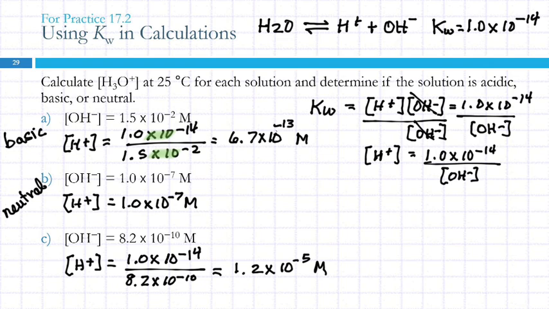Cool, I got that one right. Acidic or basic? Acidic. The H plus concentration is larger than the hydroxide ion concentration.